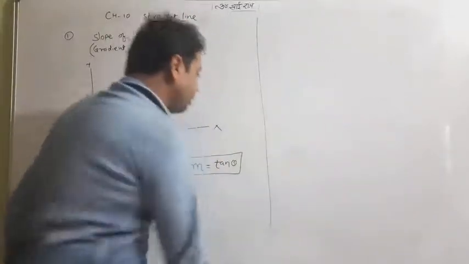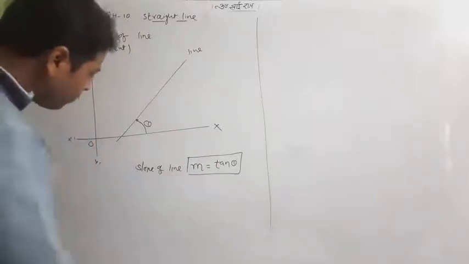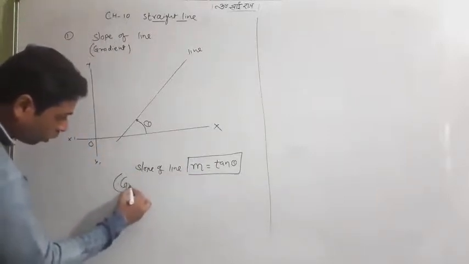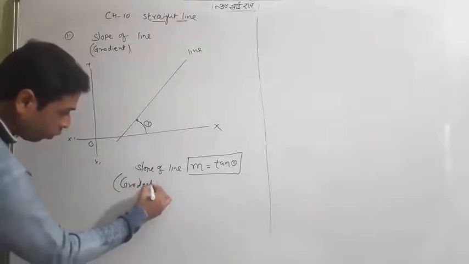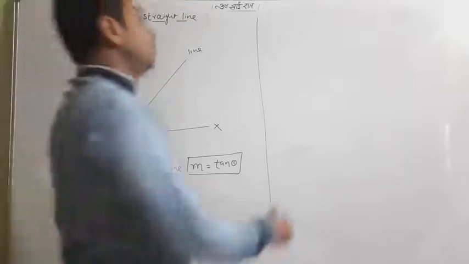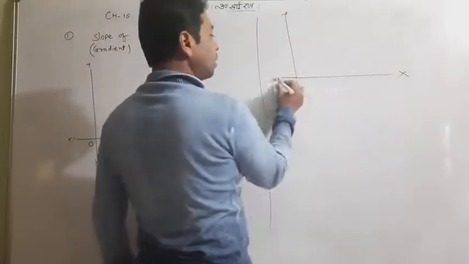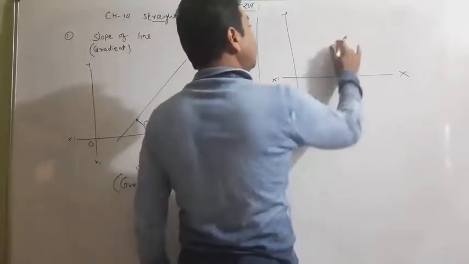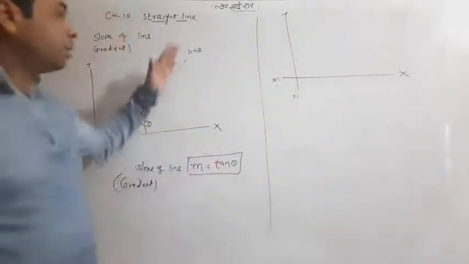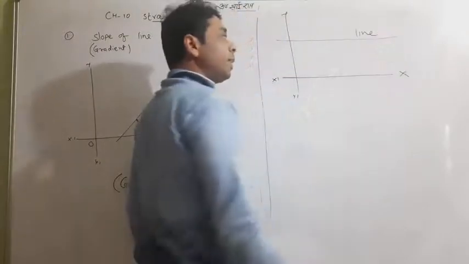Now let me say something about m equal to tan theta, which is called the slope or gradient of the line. Next, this is the axis. Suppose the line I formed here, now I am making the line like that.